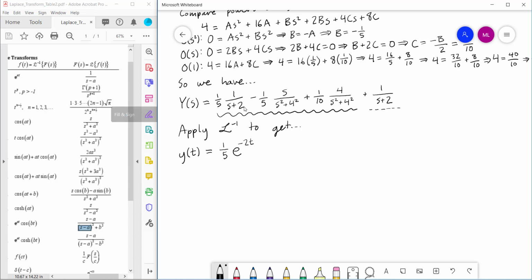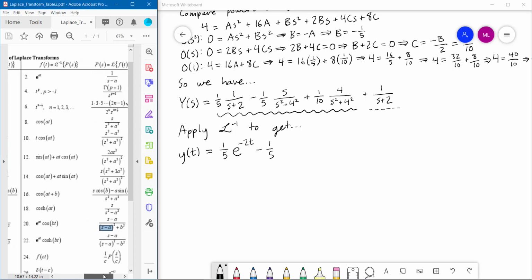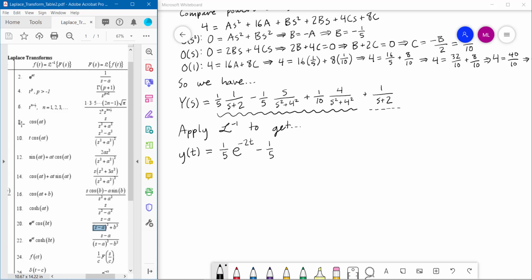So this piece became this piece. Now for this piece, we're going to have -1/5 times s over s squared plus 4 squared. Here we go, that's our cosine of at, which is s over s squared plus a squared.